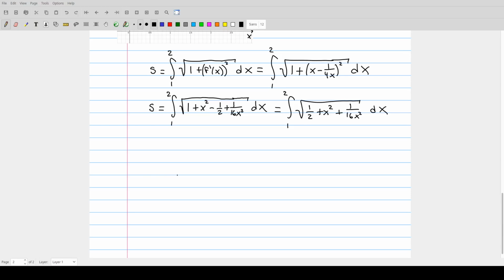And this looks a little bit simpler than what we started with, but it's a lot simpler if you remember that this polynomial factors very nicely. If you think about it for a little bit and try to factor this polynomial, sure enough, the polynomial under the square root is the exact same thing as x plus 1 over 4x squared.